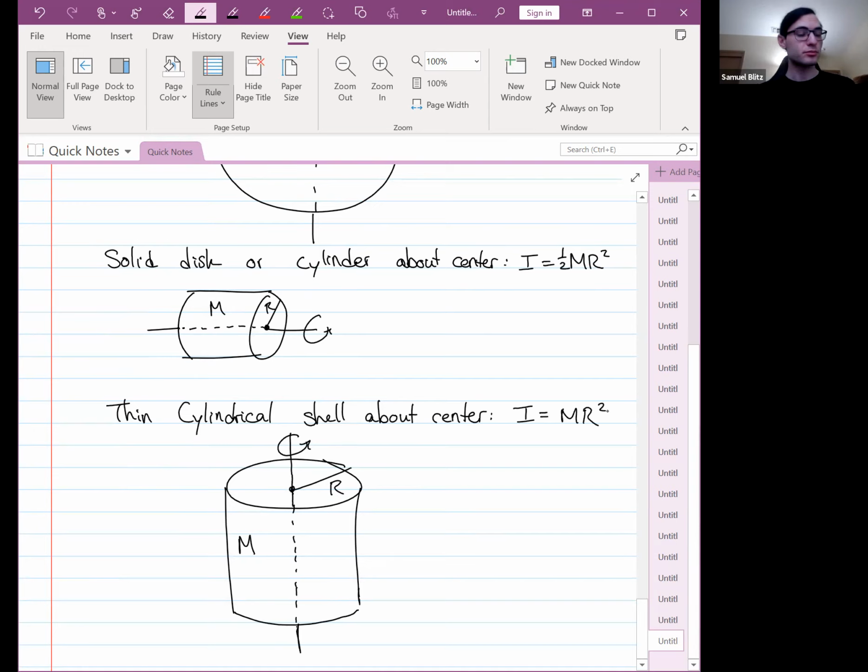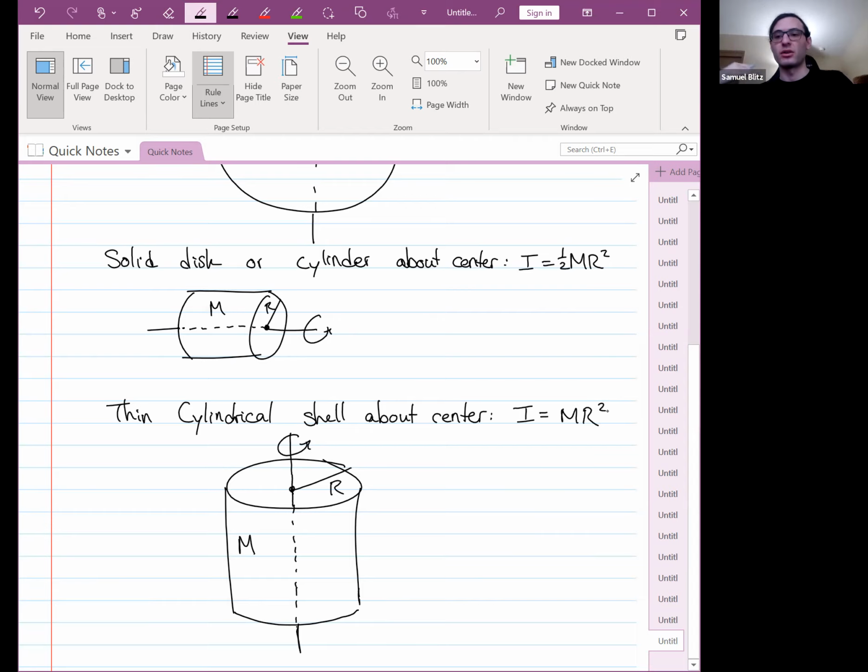Very simple. If you look at the end of the LibreText textbook, section 5.2, there's a long list of a lot of these. You could even go to Wikipedia and look up a moment of inertia list. This is for an infinitesimally thin shell, just the edge.